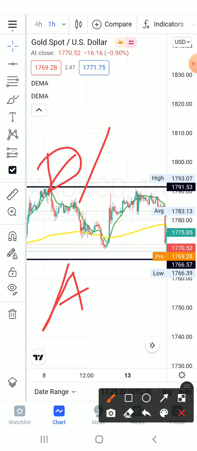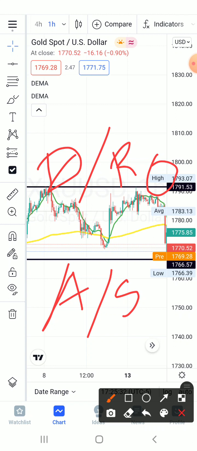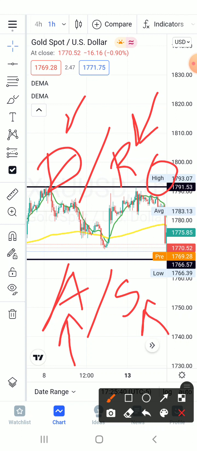Some guys say this is resistance, and we also say this is the support zone. So every time you have a high, it is the distribution zone, or you can call it the resistance zone, or you can also call it the accumulation zone or support zone, support area.